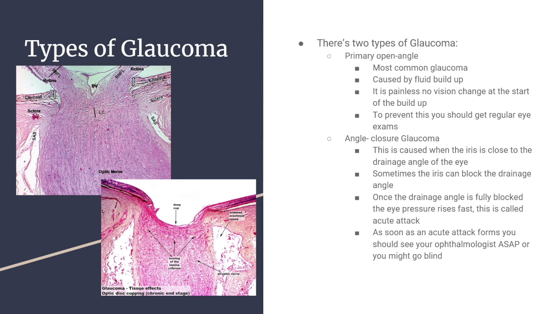And whenever this happens, it's called an acute attack. Once you get an acute attack to form, that's whenever you should go see a doctor as soon as possible, because you might go blind right away. Therefore, these are the types of glaucoma.